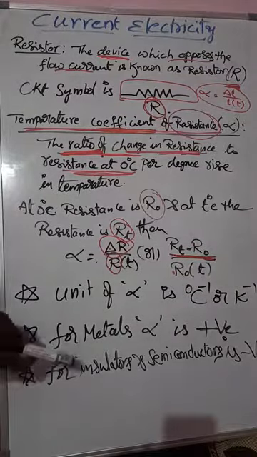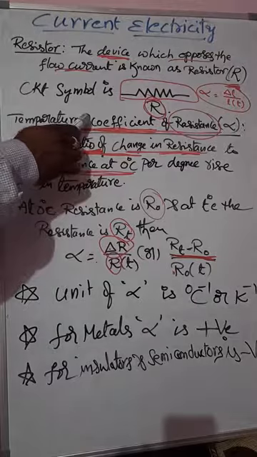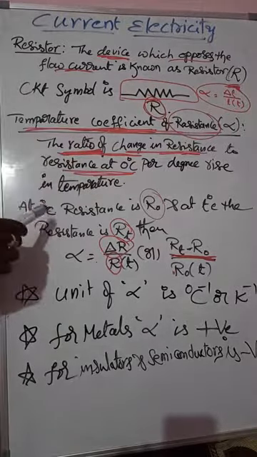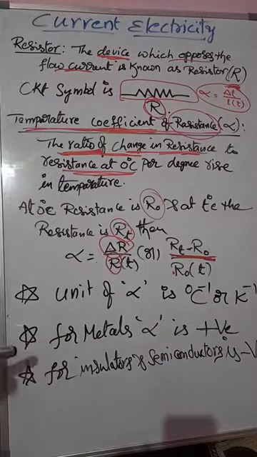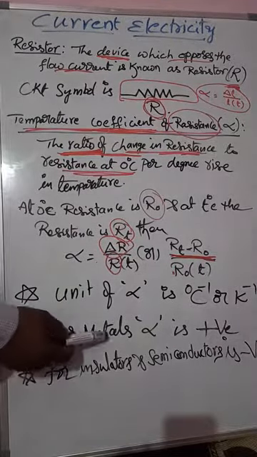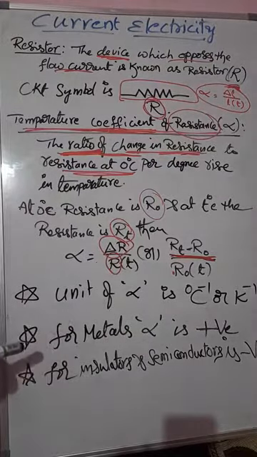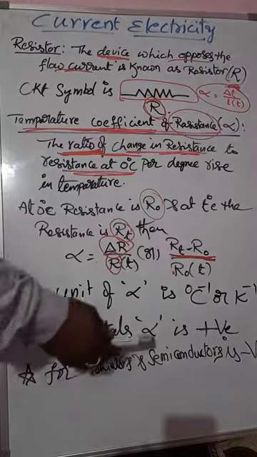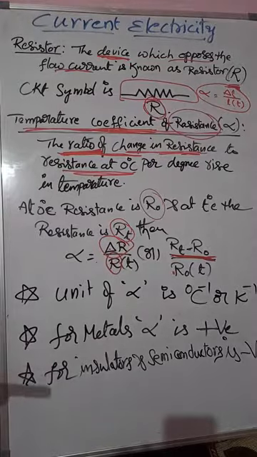If you take any metal, the temperature coefficient of resistance value will always be positive. Clear? For metals, alpha is positive. Metals are nothing but conductors, so for any conductor it is positive. We already know all materials are of three types: conductors, insulators, semiconductors.